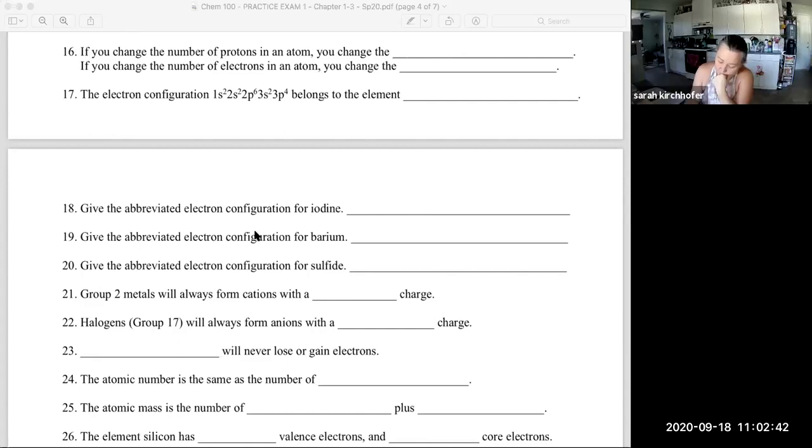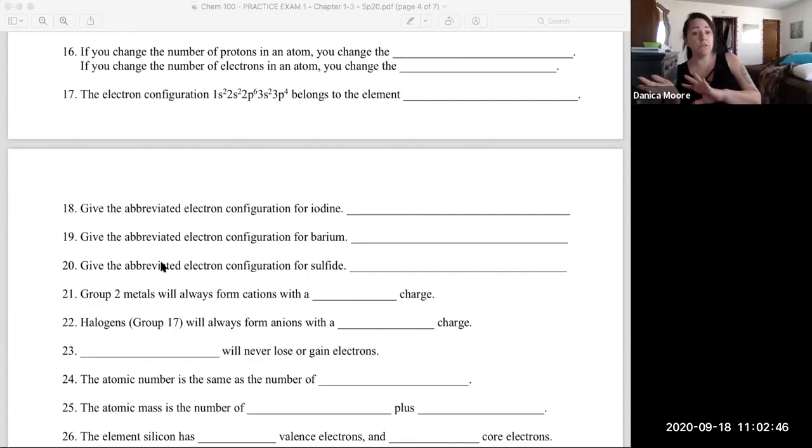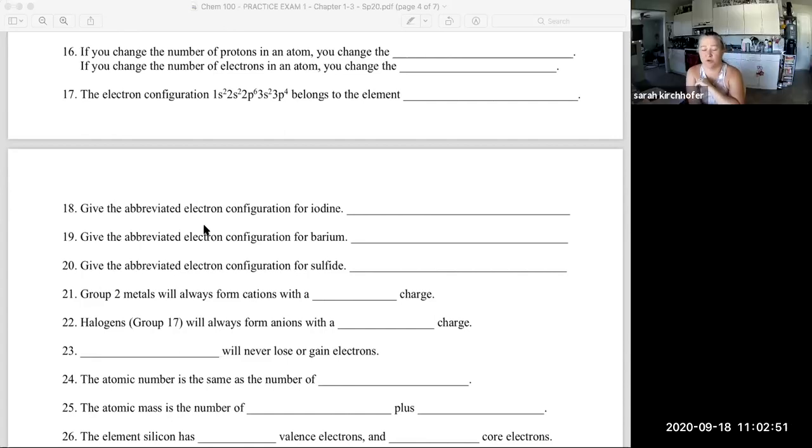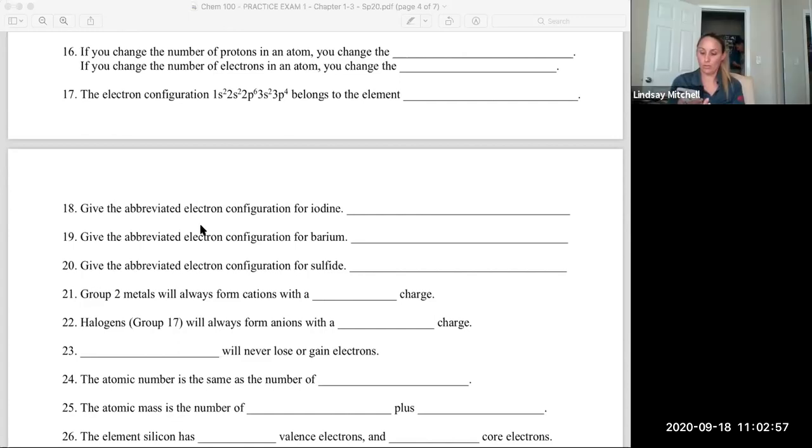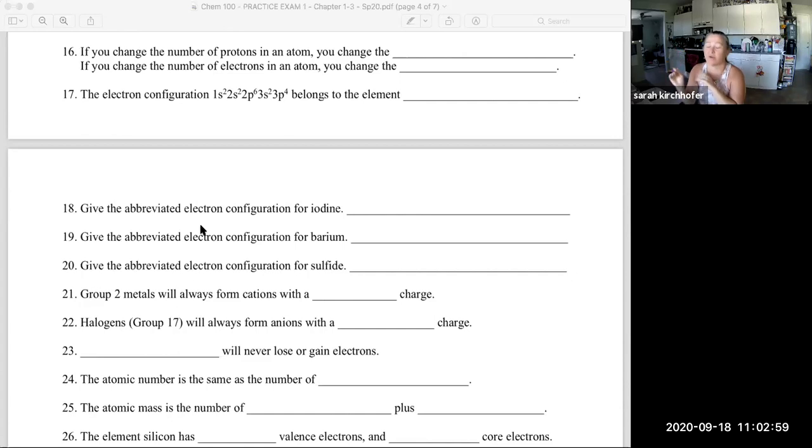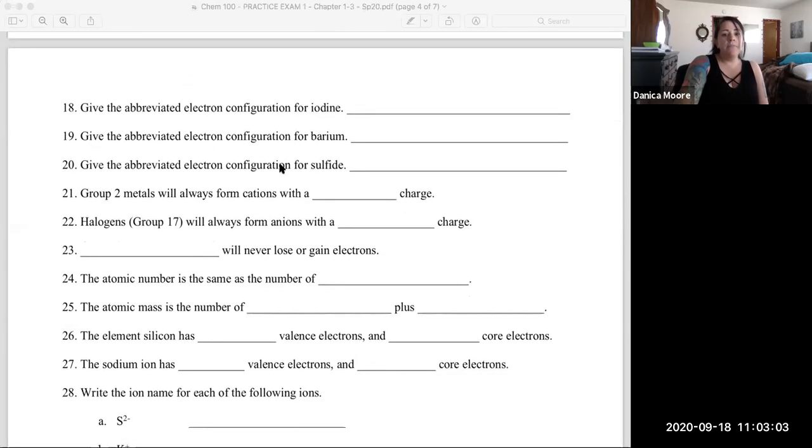That could be the full electron configuration or the abbreviated, where you use the noble gas.